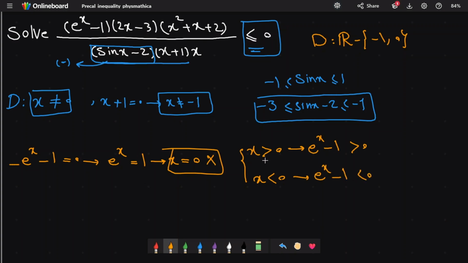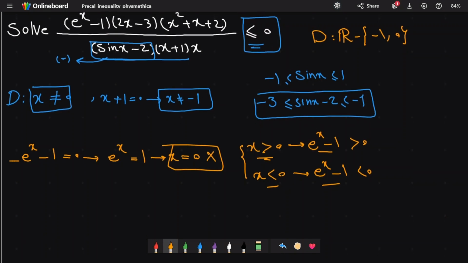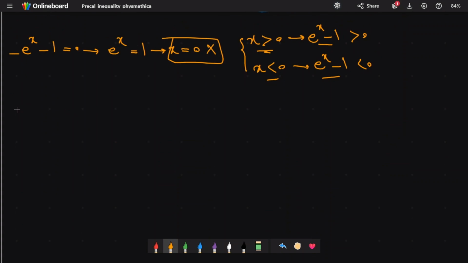So simply said, while looking at this, we can just say what we're going to have as the sign for this factor. And we do this because we are multiplying this together. So we can simply just say that when it's going to be less than or equal to 0 because of all this multiplication. So now let's take a look at the 2x minus 3 in the numerator.